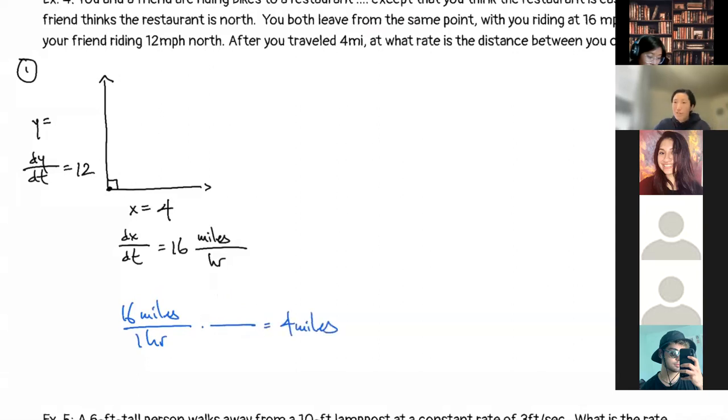And the question is, how long did you bike for? It looks like you biked for just 15 minutes. So a quarter of an hour, or 15 minutes.